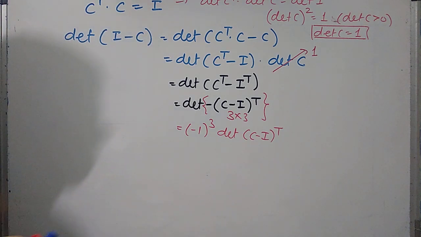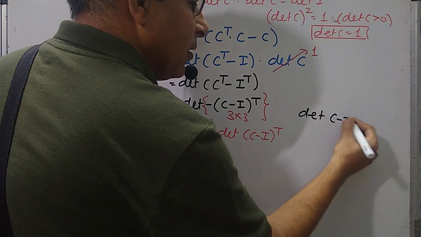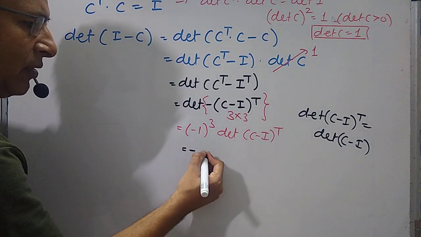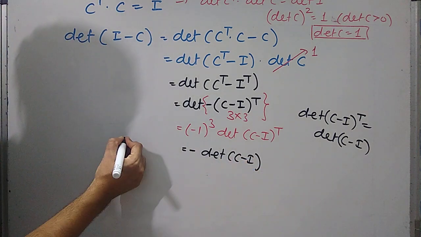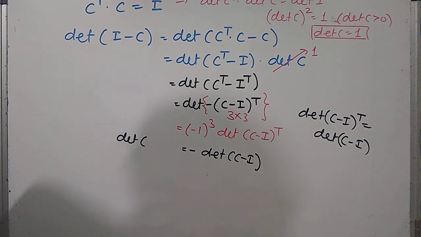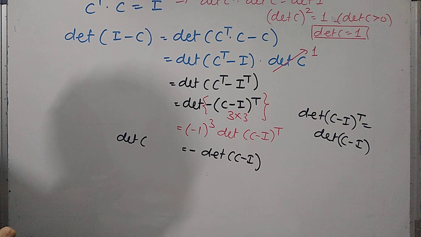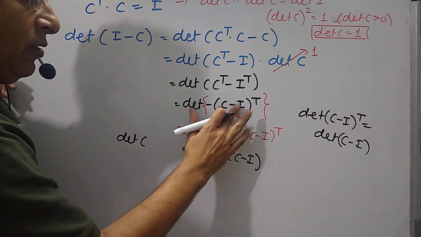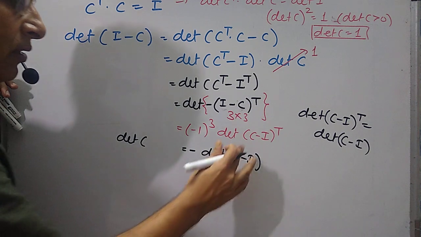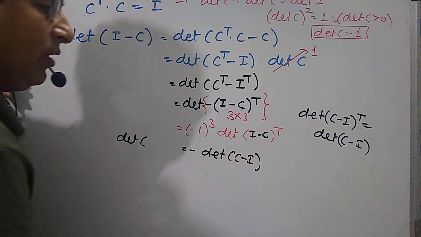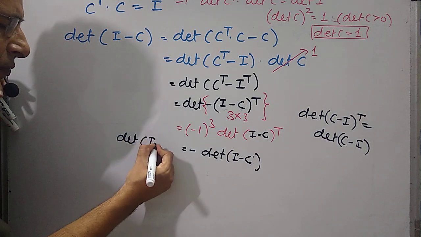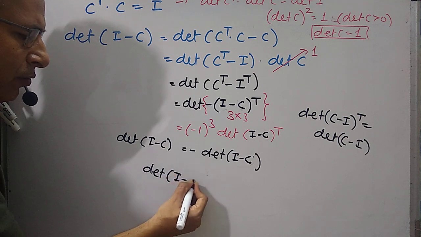And determinant of (C minus I) whole transpose is the same as determinant of C minus I. So it is minus times determinant of C minus I, and this will be I minus C. So the determinant of I minus C equals minus the determinant of I minus C. Therefore we say that the determinant of I minus C equals 0.